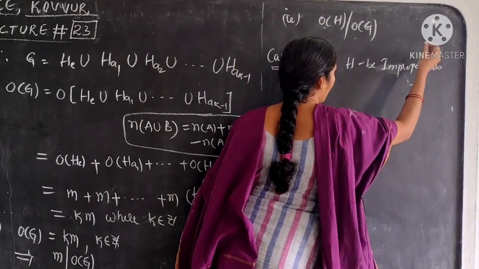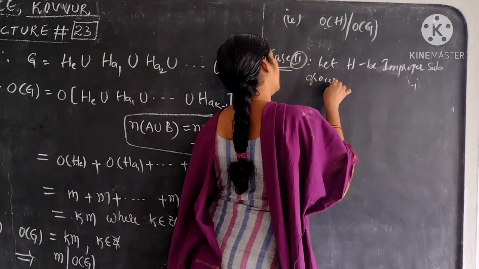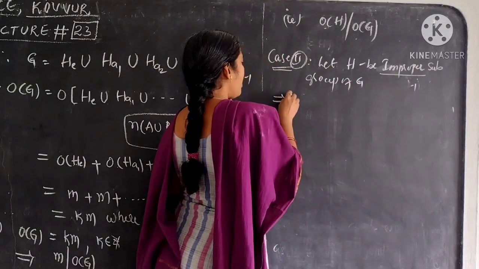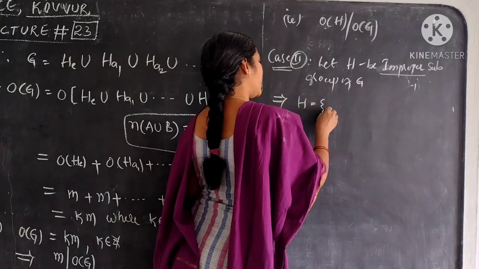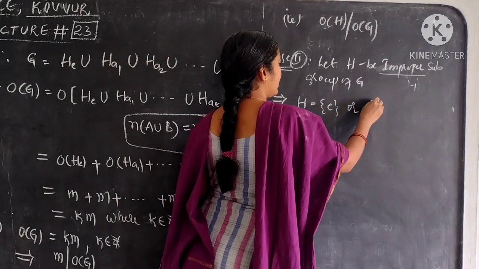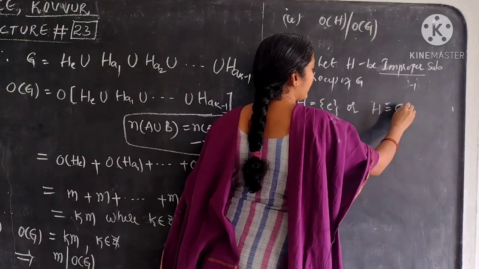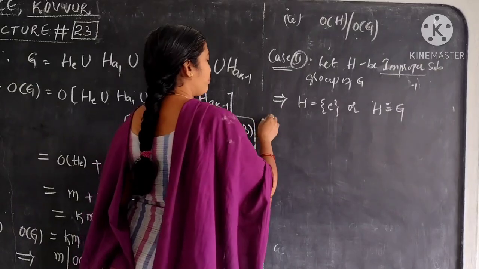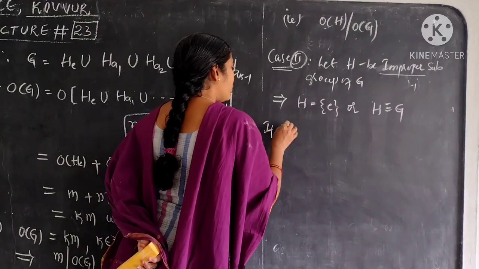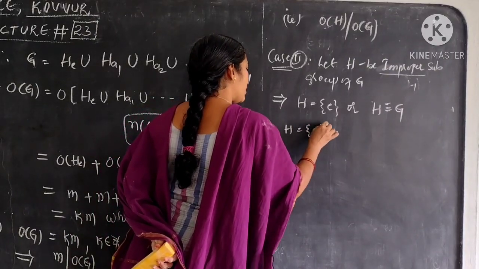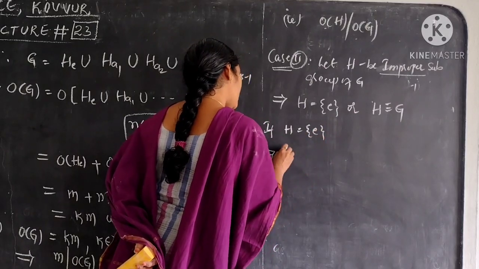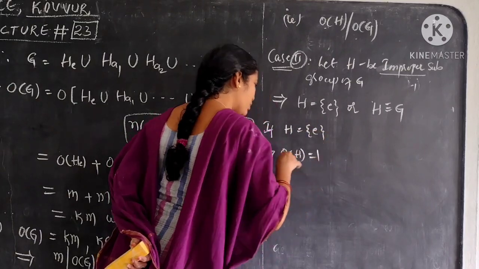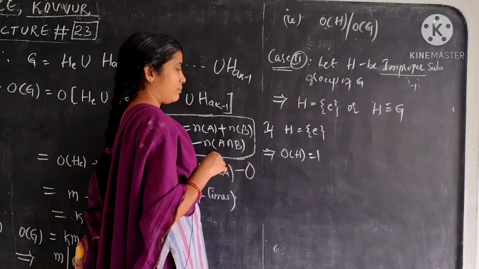Then H is either the singleton {e} or it is identical to our group G, isn't it? If H is the singleton {e}, then what is the order of H? Because it consists of only one element, the order of H is equal to 1.